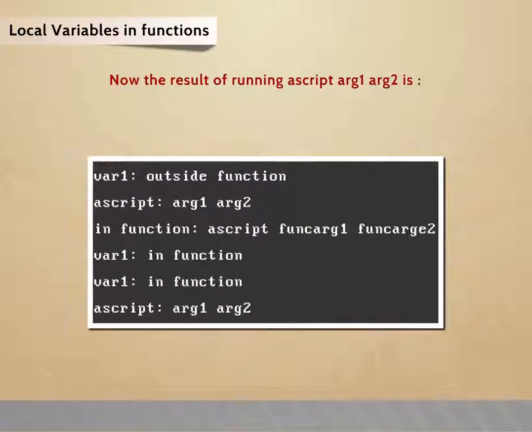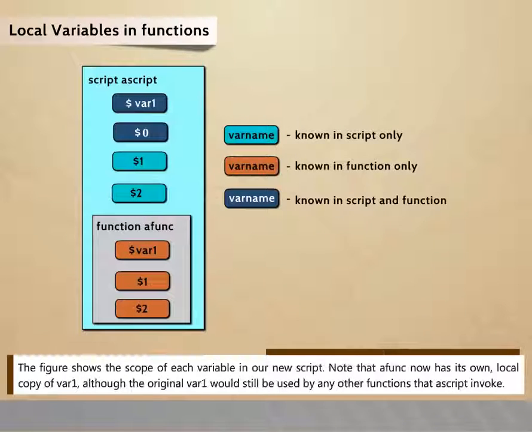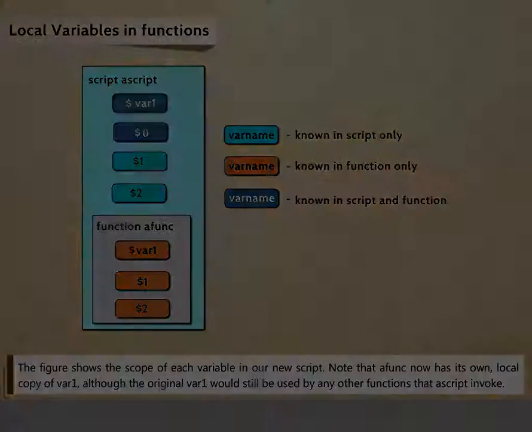Now the result of running ascript arg1 arg2 is as follows. The figure shows the scope of each variable in our new script. Note that afunc now has its own local copy of var1, although the original var1 would still be used by any other functions that ascript invokes.